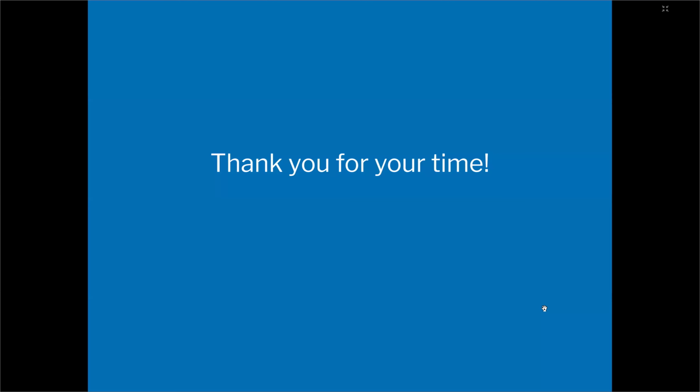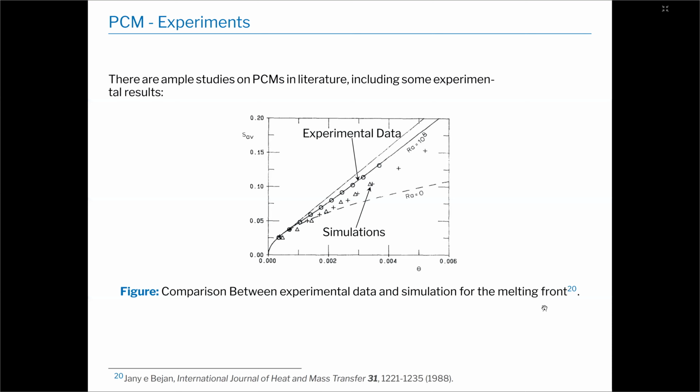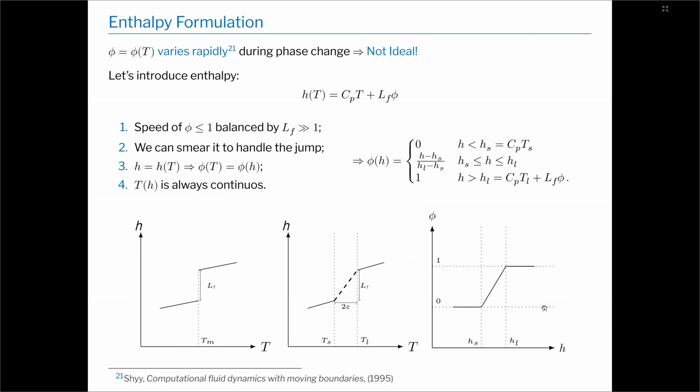Okay, we use the enthalpy. I did not insert it in the main slides to not bore people, but we know that, of course, the liquid fraction is a function of temperature, but in phase transition, temperature is not very good because we know that phase transitions correspond to jumps in the system, in discontinuities.